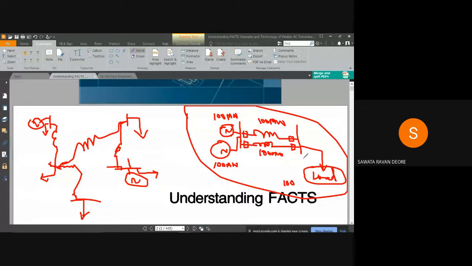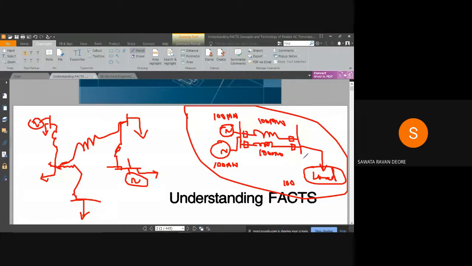If one or two generators fail, still it has to be maintained, or if one or two transmission lines fail, still it has to be restored within minutes. In that way, the transmission lines are interconnected to the generating stations and the load section.